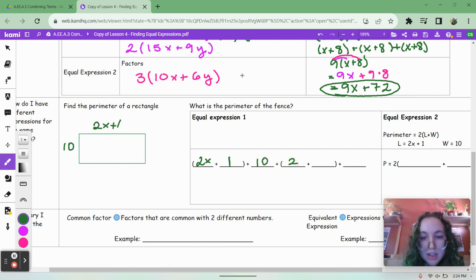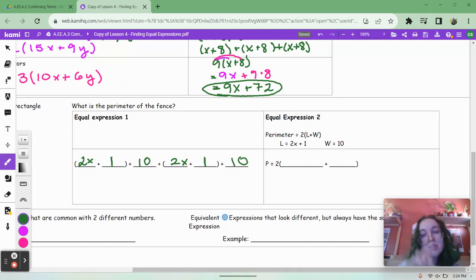Then I could add the other length, 2x plus 1, and the other width, another 10. I could also use the equation perimeter is equal to 2 times the length plus the width. The length is equal to 2x plus 1, so I can plug that in for my L, and I can plug in 10 for my width.